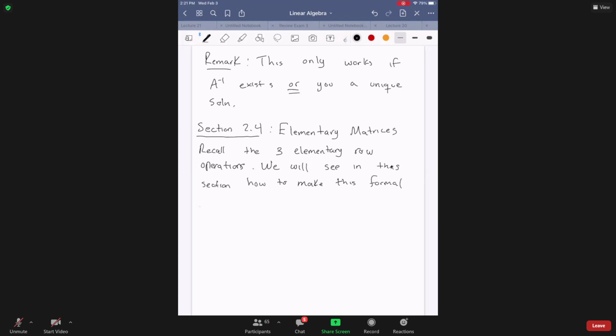Okay, so let's first define what an elementary matrix is, and this is what it is.